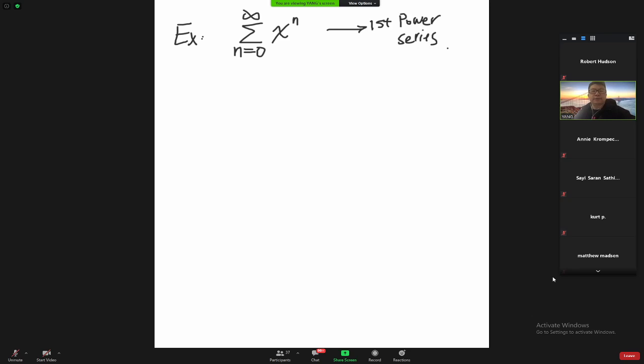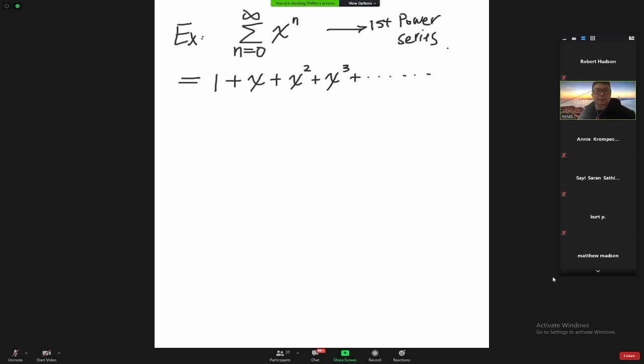Now if I write everything up, it's going to be 1 plus x plus x squared plus x cubed, and keep going to infinitely many terms, right?